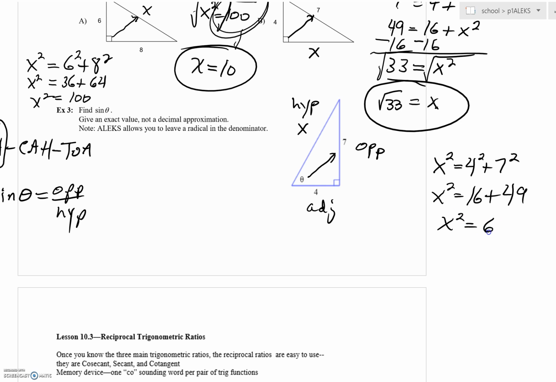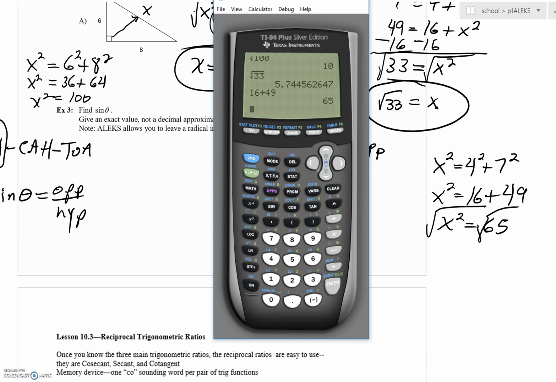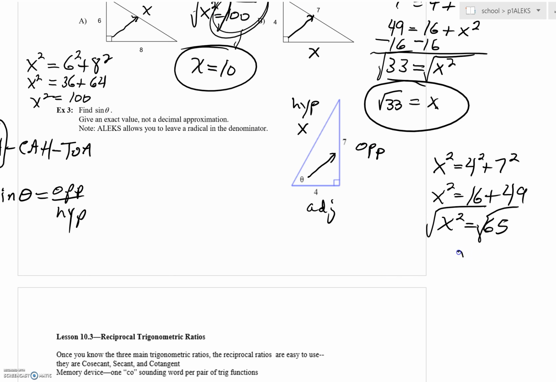That's it. Now, do I say my hypotenuse is 65? You have to take a square root. So now at this point, the square root of 65, is that a whole number? No, it isn't. So you've got to leave your answer with this radical. You're going to have radical 65.